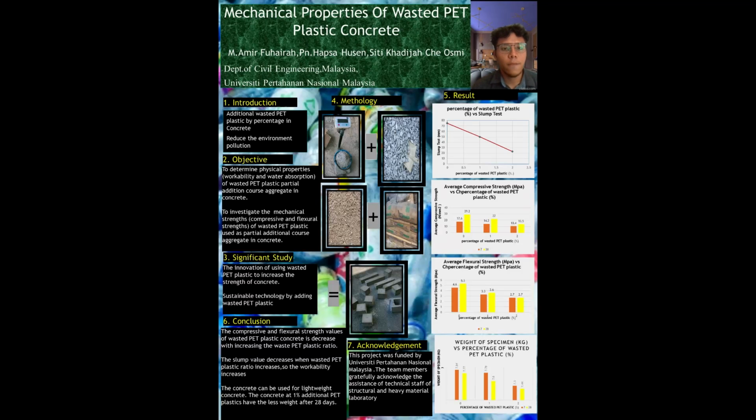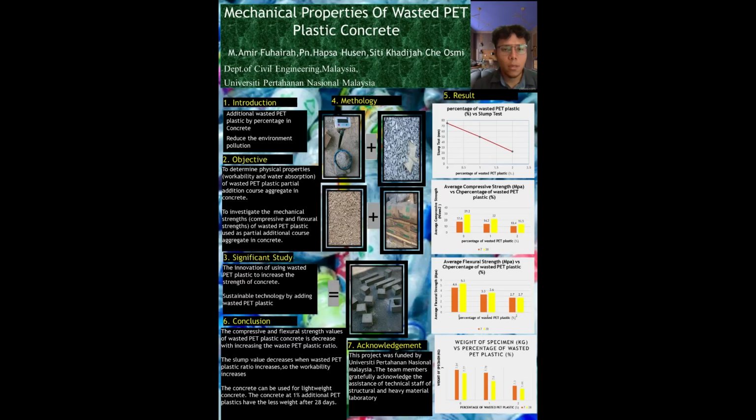Next we move to the objective of my final year project. First, to determine the physical properties of waste PET plastic, partially added as coarse aggregate in concrete. So in my project we add the waste PET plastic in coarse aggregate by percentage.